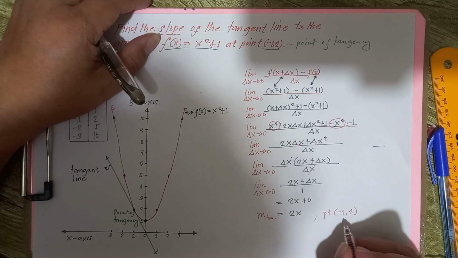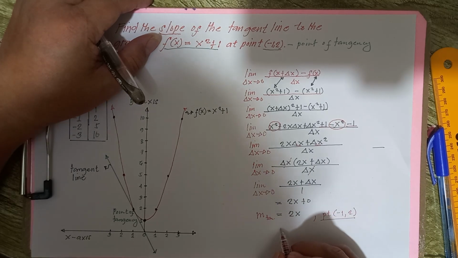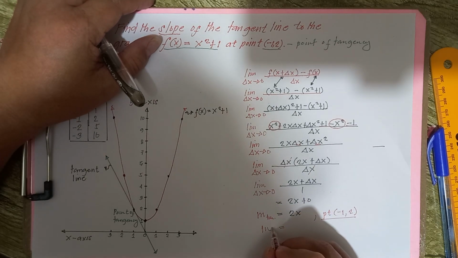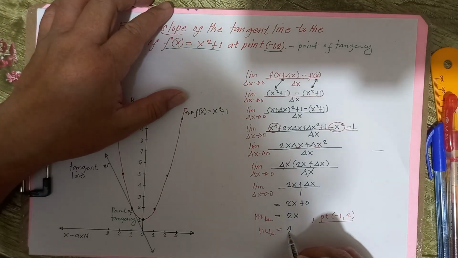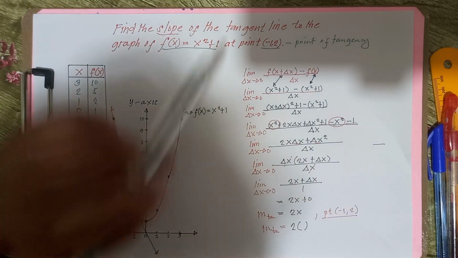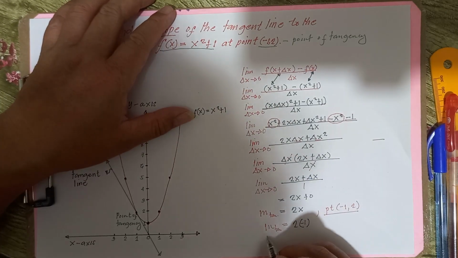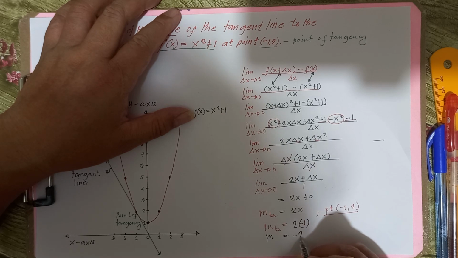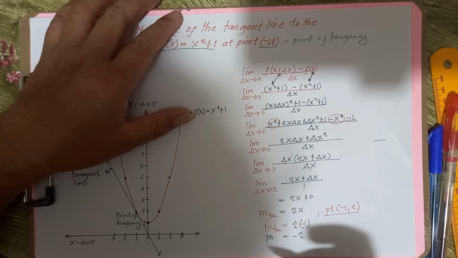So what is the slope? Using this point of tangency now to get the slope of the tangent line, you can say now that the slope of the tangent line is what? 2 multiplied by what is your x? Your x is negative 1. So our slope now will be negative 2. So the slope now is negative 2.